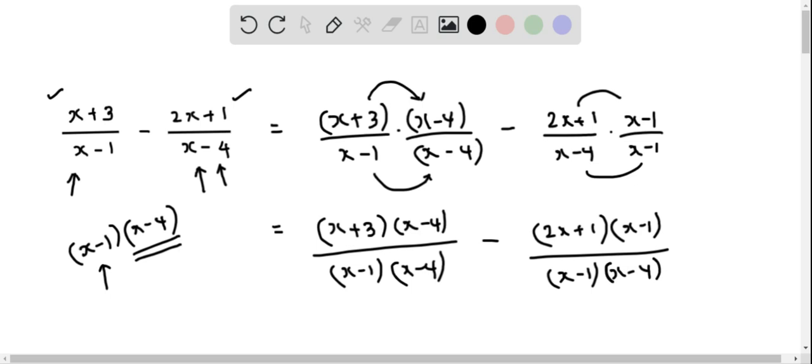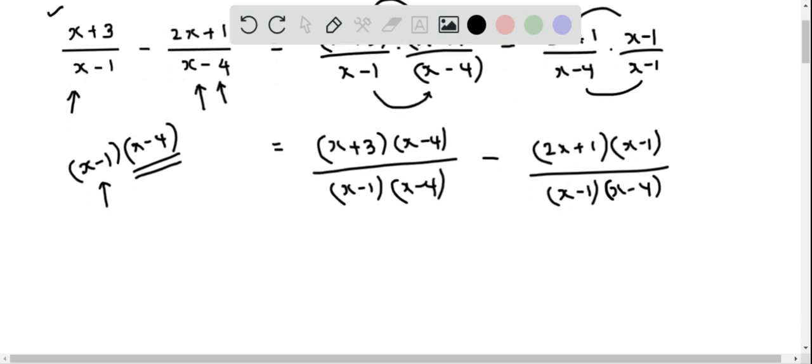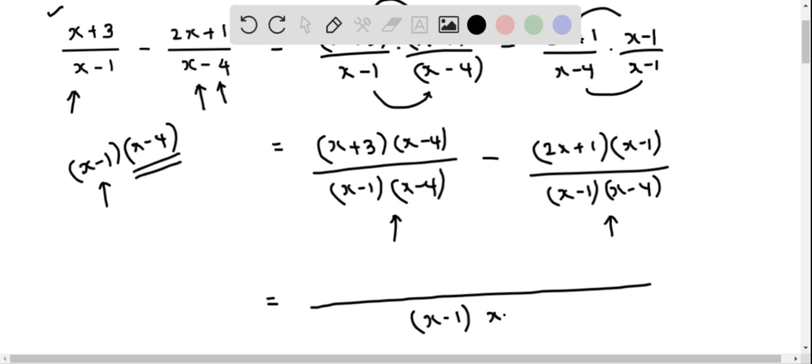Now, from these two rational expressions, we see that we now have the common denominator. Here it is (x minus 1)(x minus 4). Here also we have (x minus 1)(x minus 4), which means we can have the common denominator now and combine the numerator expressions. So I put this common denominator (x minus 1)(x minus 4), and we put this first expression, that is (x plus 3)(x minus 4).